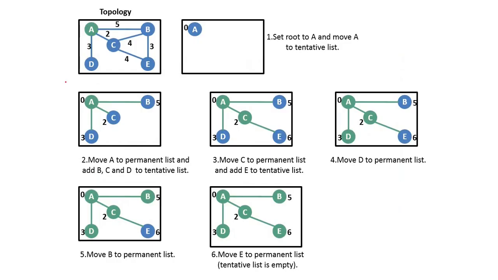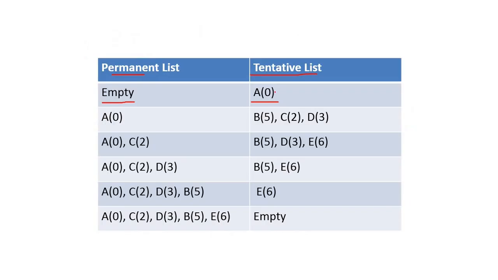Next, we have information about the nearest nodes. Whatever is nearest, C is the one with the minimum unit cost. So first we will add C into the tentative list, and we will add A into the permanent list. So we are adding A into the permanent list and the remaining nearest nodes into the tentative list, because these are the neighbor nodes.